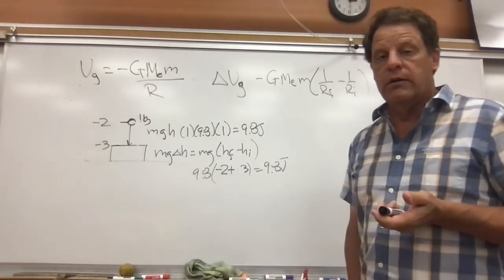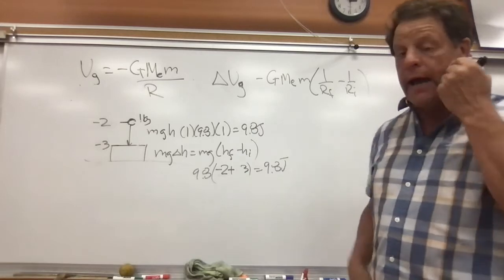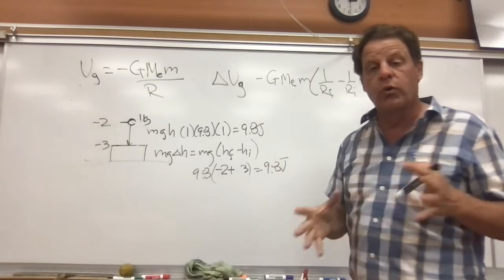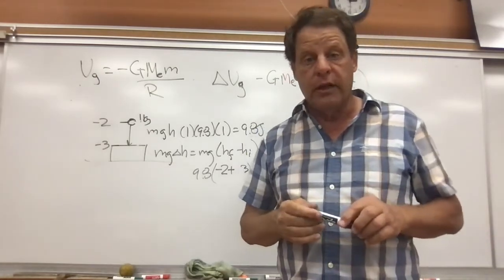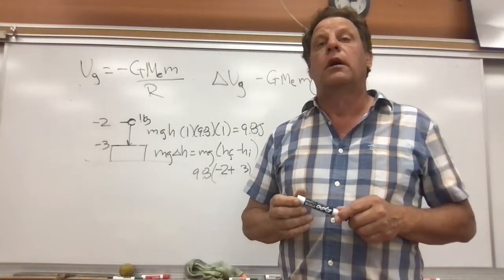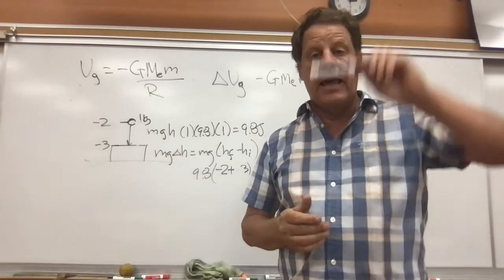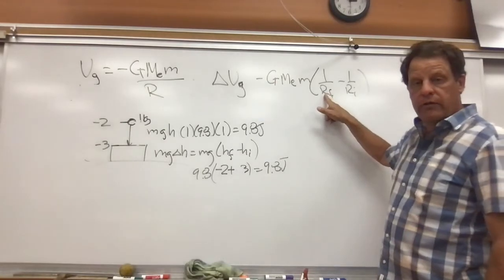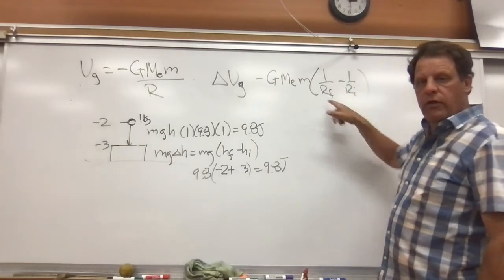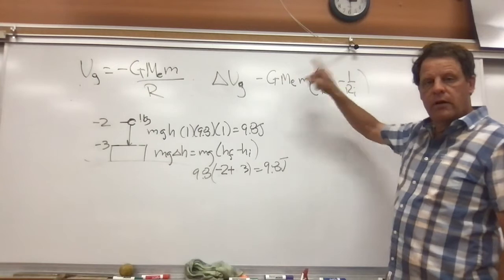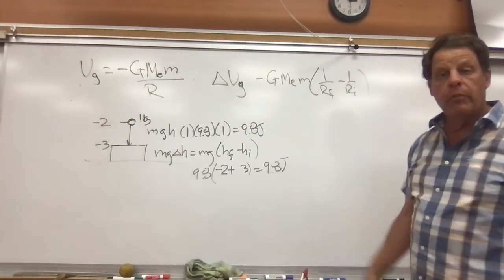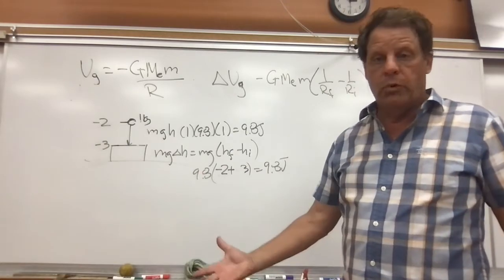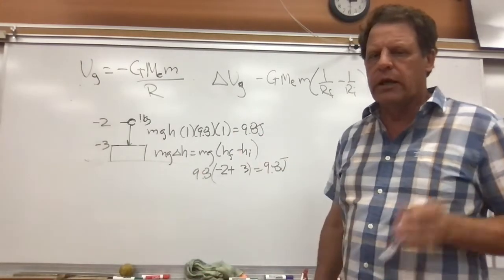So when we subtract, this part's going to be negative, and that's going to cancel out that negative, and we're going to give a positive answer for the change in potential energy, aka we're going to go up. If we go up, this radius is bigger than this radius. This quantity becomes negative times this negative, and we end up with a positive delta U, which makes sense, but it's that negative that's really kind of weird.